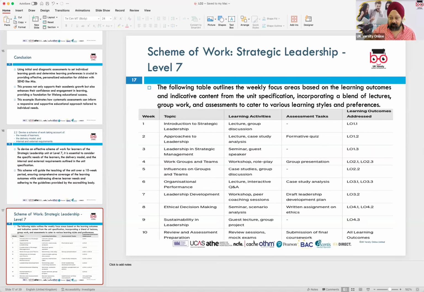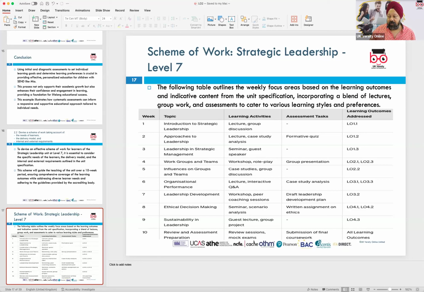One, how does it meet the needs of the learners? Two, what is the delivery model? And three, what are the internal and external requirements that you're taking into account to ensure that what you're delivering meets the criteria, meets the contents, helps you cover the theoretical models, and then gives them the knowledge and skills required to say, okay, yes, they've understood that topic.